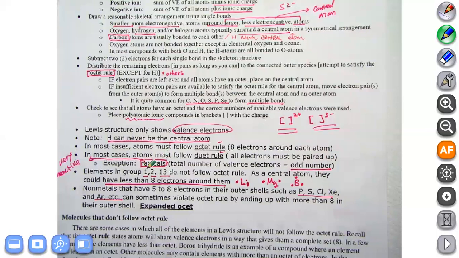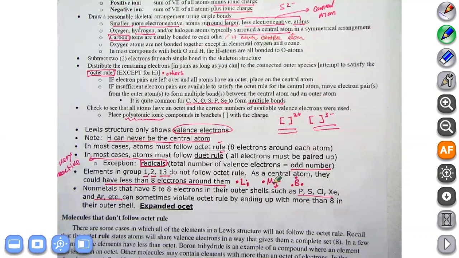The elements in group 1, 2, and 13, for example, would not follow the octet rule because, take a look at these examples: lithium, magnesium, boron in groups 1, 2, and 13 respectively. Lithium only would have one valence electron. At the most, it can be surrounded by 2 once that electron pairs up.